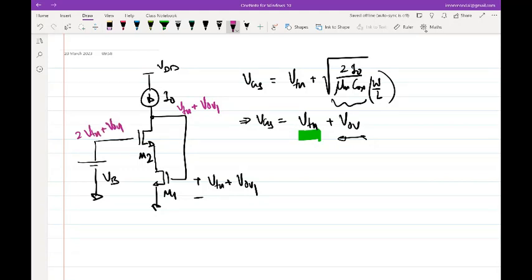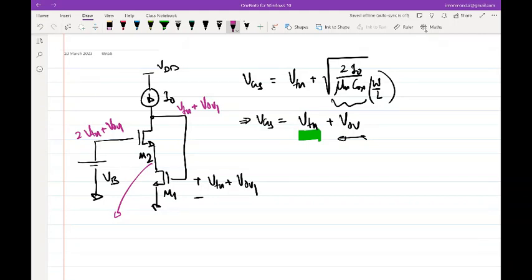So if that is the case, what will be the source voltage of M2? Let's assume a different W/L and call that V overdrive 2. So this is essentially VB minus VGS. Correct?